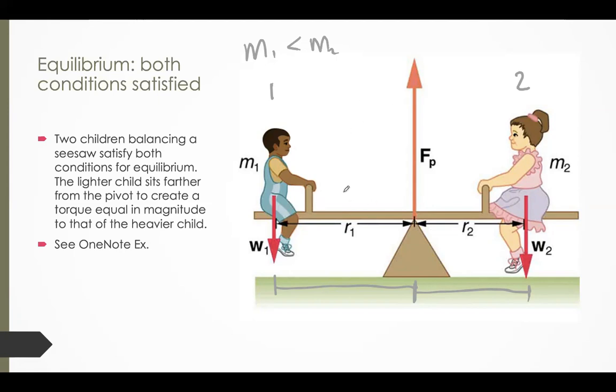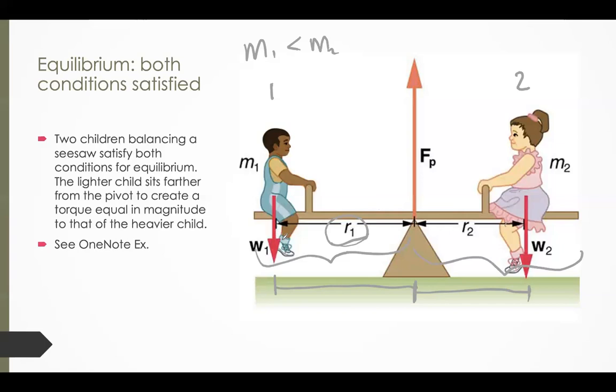If we increase R1 for this smaller kid, that force will increase, and so it would be equal to this force over here. It's like a balancing act. The lighter kid needs to sit further from the pivot point, and the heavier kid will need to sit closer to the pivot point.